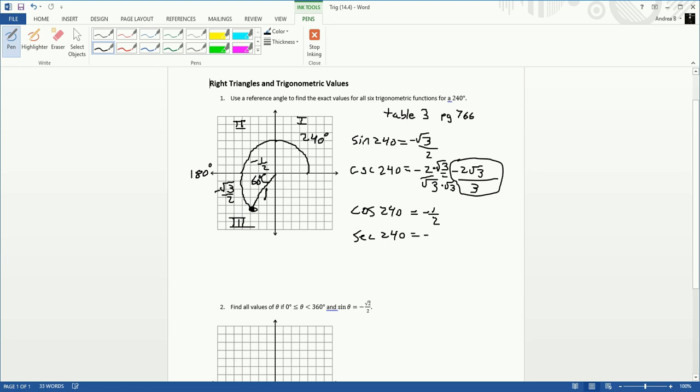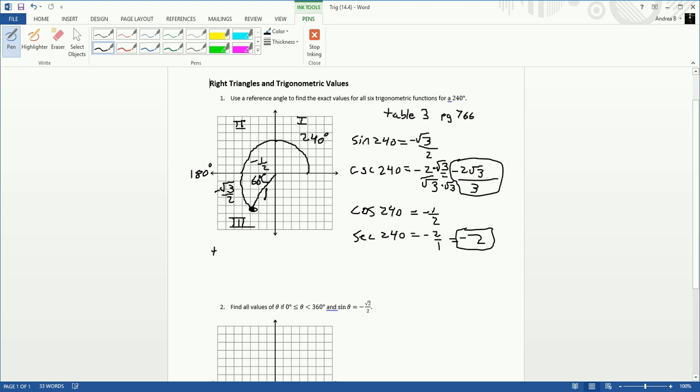Which would then give us a -2/1, which simplifies down to -2. Make sure that you are simplifying all of your answers if they can simplify. So I'm boxing the ones that are the reciprocals that we had to simplify. And then we'd have our tangent and our cotangent left.